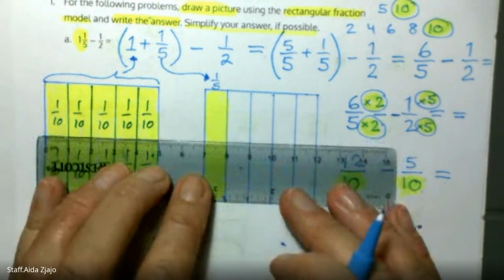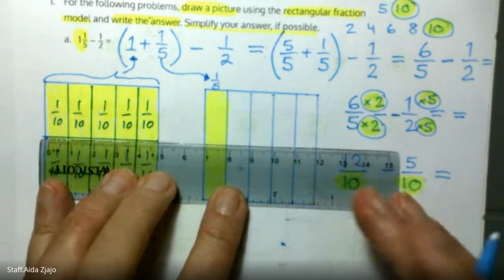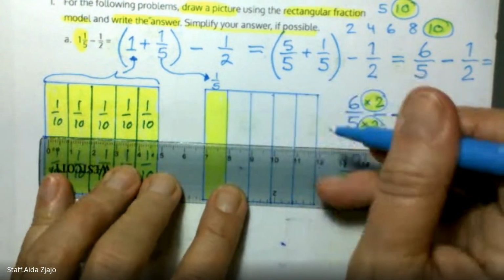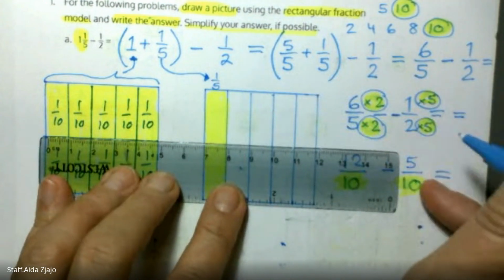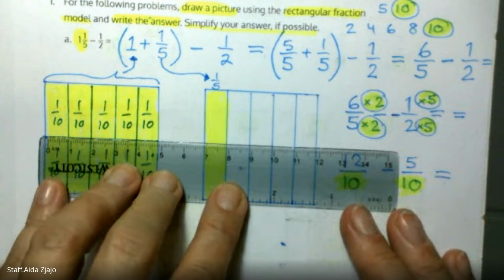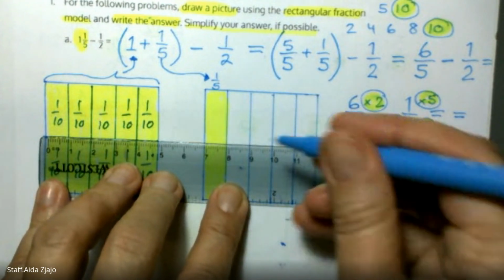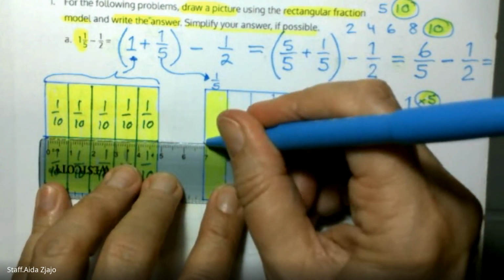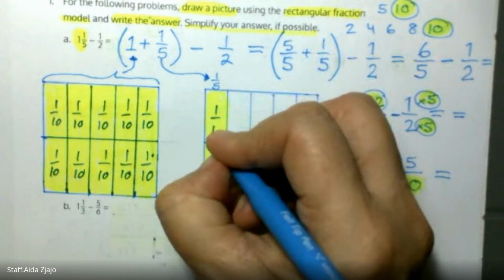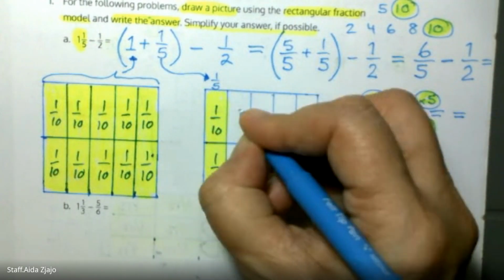And then if I cut this one also in half into 2 pieces, I can make 10 pieces, but I will have 1/2. Okay, so I have tenths.